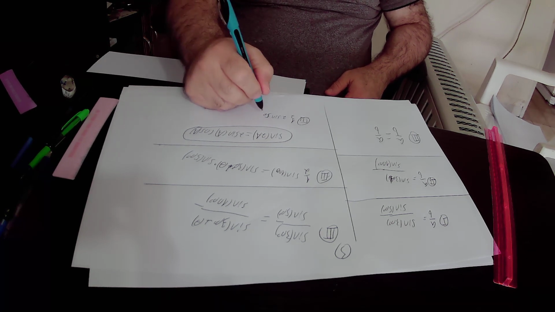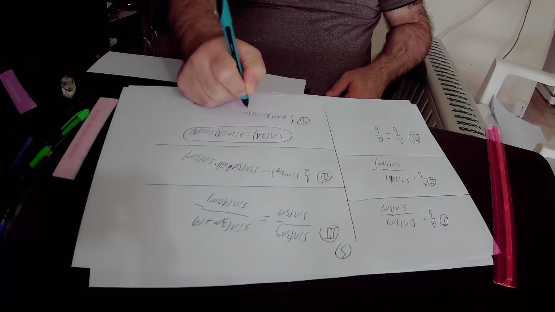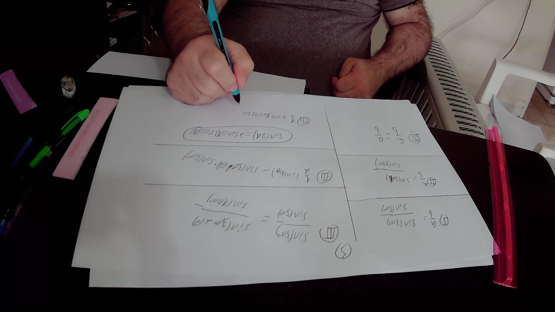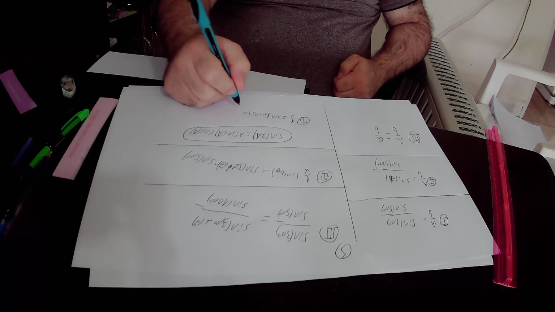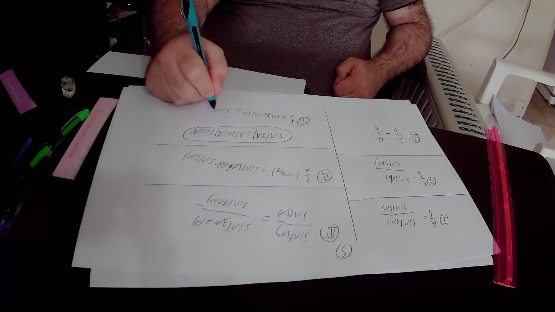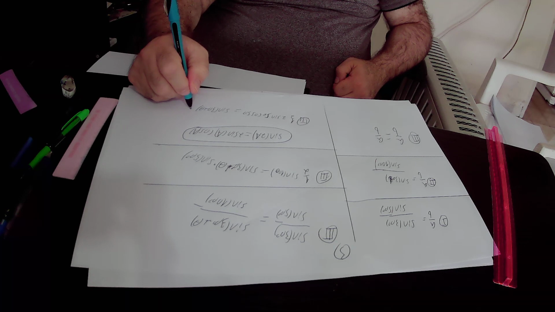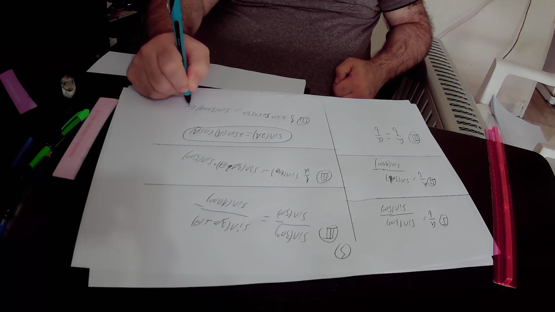So sine 50 degrees times cosine 50 degrees equals sine 30 degrees plus theta times sine 50 degrees.